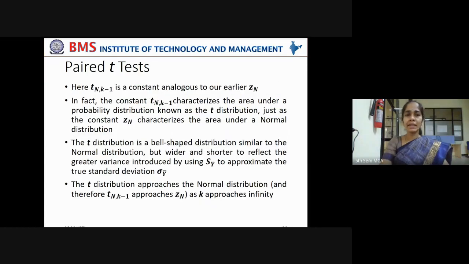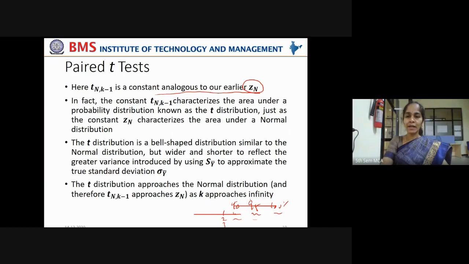Here, t n k minus 1 is a constant which is analogous to our earlier Zn. The T critical value is the same as your Z score value. I explained how to locate this T distribution value also. You can just Google for T distribution tables, and in that, for every confidence interval, 90%, 95% and 99%, for each degrees of freedom, 1, 2, 3, 4, the T value is given in the table.